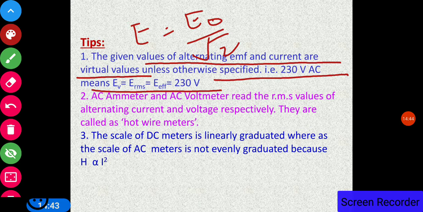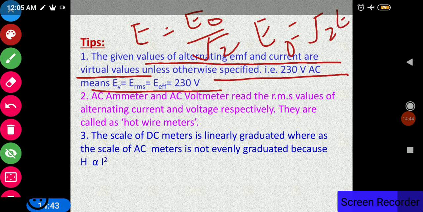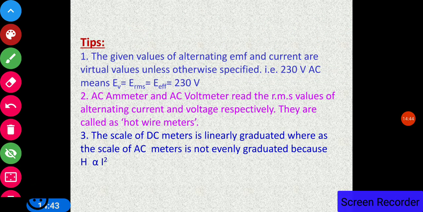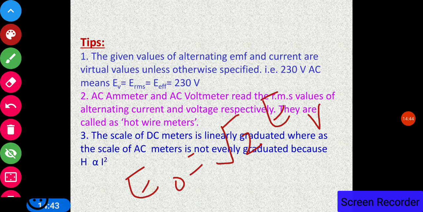So from here the value that we get is E naught is equal to root 2 times E, the virtual value. E virtual value is 230. So if you put that here, then the E naught or the peak value will come to about 312 volt.